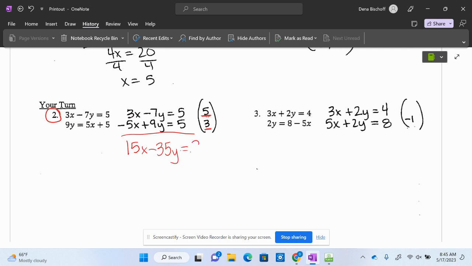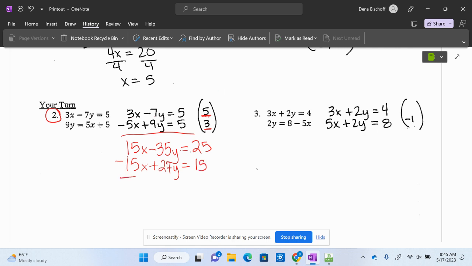And 5 times 5 is 25. 3 times negative 5 is negative 15x. 3 times positive 9 is positive 27y. And 3 times 5 is 15.